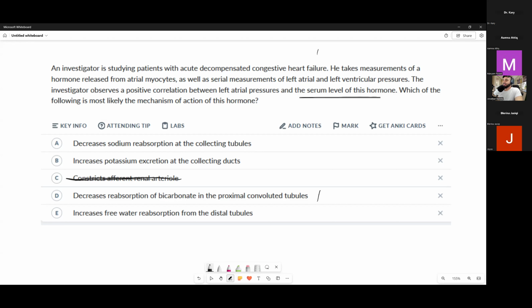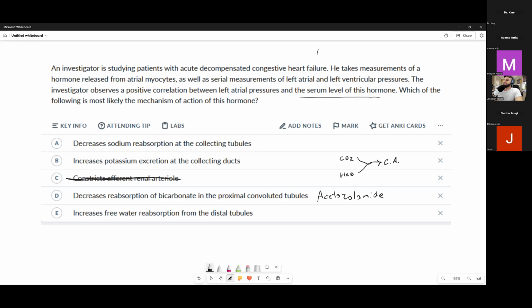This is acetazolamide. And then we have the increase in free water reabsorption from the distal tubules. I don't think it's D.